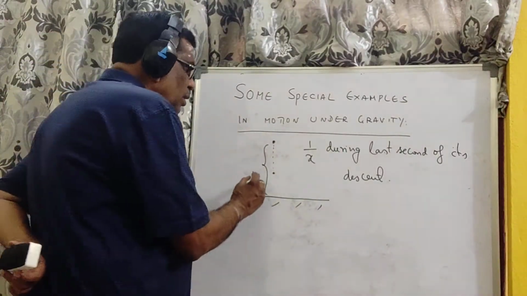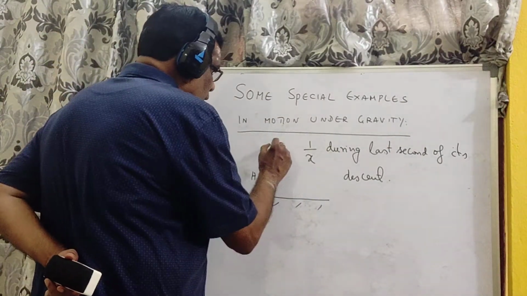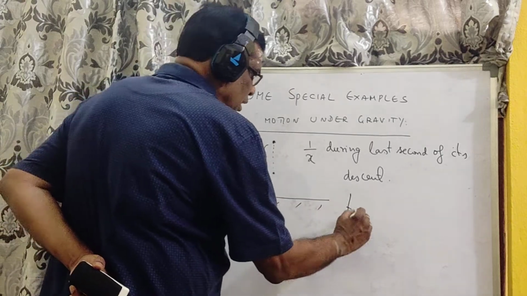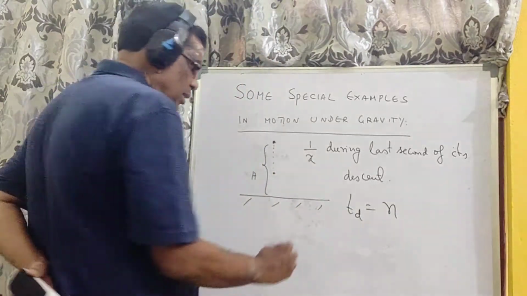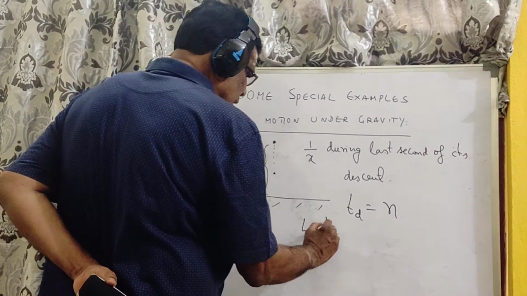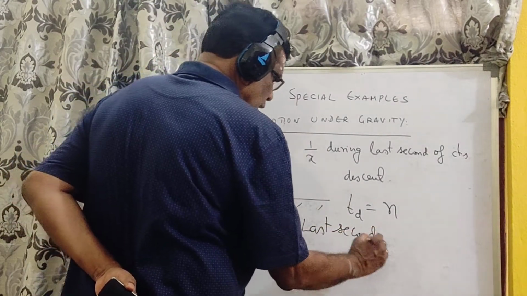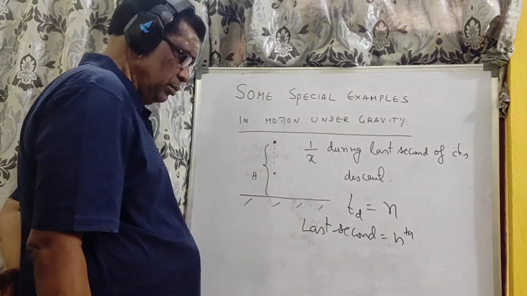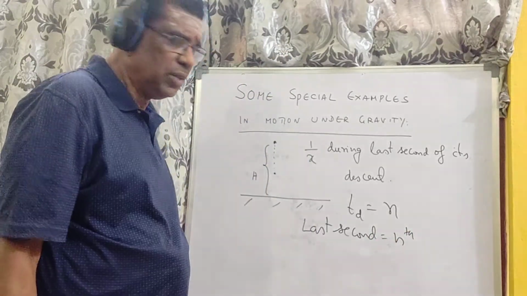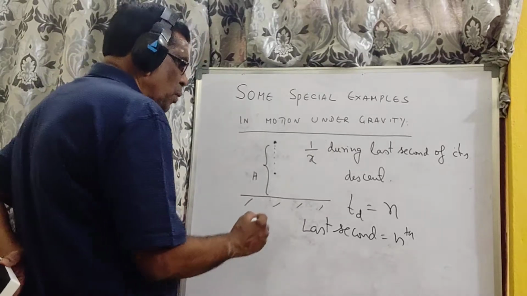Now, for example, let the whole time of descent here be n seconds. Then the last second is your nth second. Agreed? This is the last second, which is your nth second.